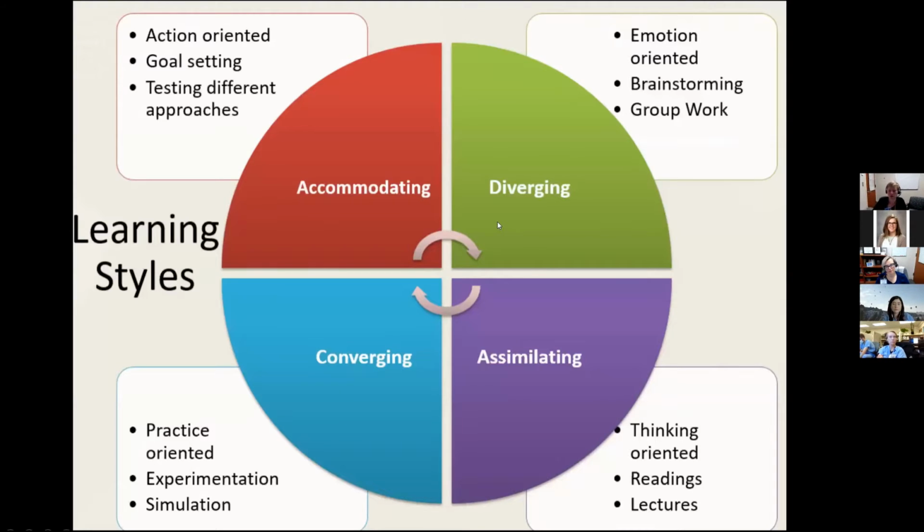And Kolb looked at this and said that we all have a preference about where we start in this cycle, and what comes most naturally to us. And notably, it's not a personality style. It incorporates some aspects of our personality and preferences, but often also is shaped by our experience.